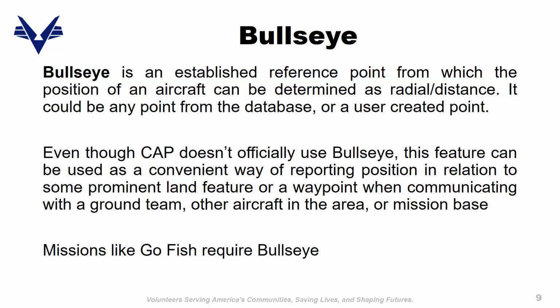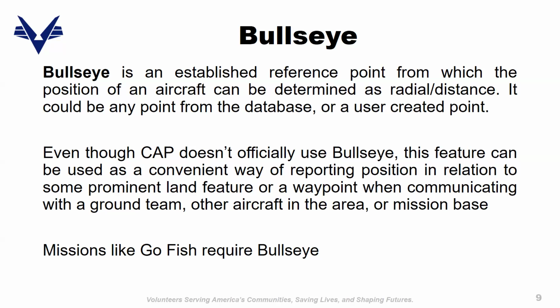For them, it's convenient because of operation security. You need to report your position, or maybe a position of the target or anything of importance, but you don't want people who just listen on your frequency, if the frequency is not encrypted, to know what you're trying to tell.